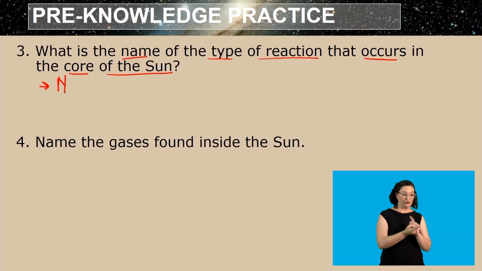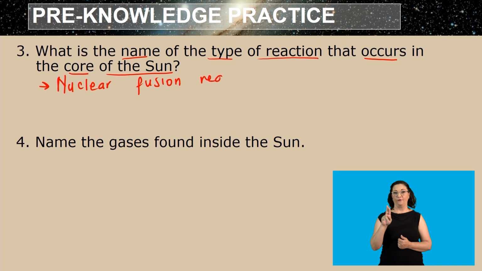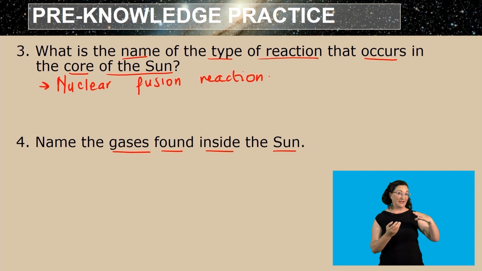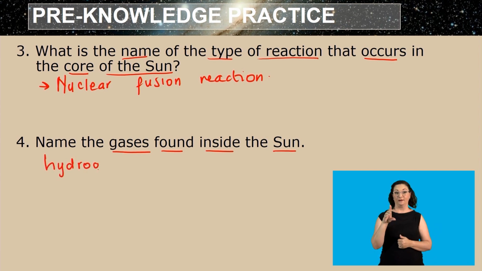So the correct answer here is nuclear fusion reaction. All right. Let us move on to question 4. It says, name the gases found inside the sun. The gases that are found inside the sun are hydrogen gas and helium gas.